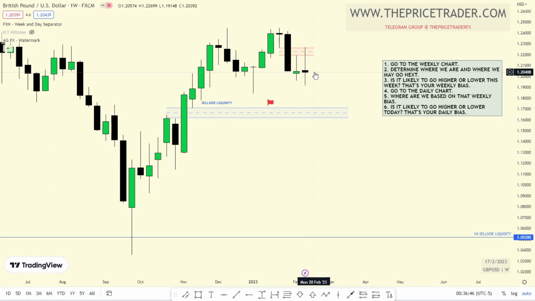For me, I'll conclude that the next week is likely to go lower. That is the conclusion, because we have already come off this imbalance. We have already seen the market go lower, and we're already seeing that it is coming towards this low, potentially towards this sell side liquidity.